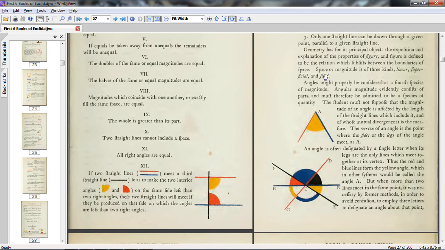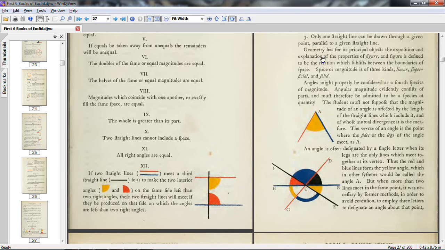Okay, this was one that I wanted to go over, just to reinforce the notion of figure and magnitude, extent, whatever you want to call the measurable quantities.